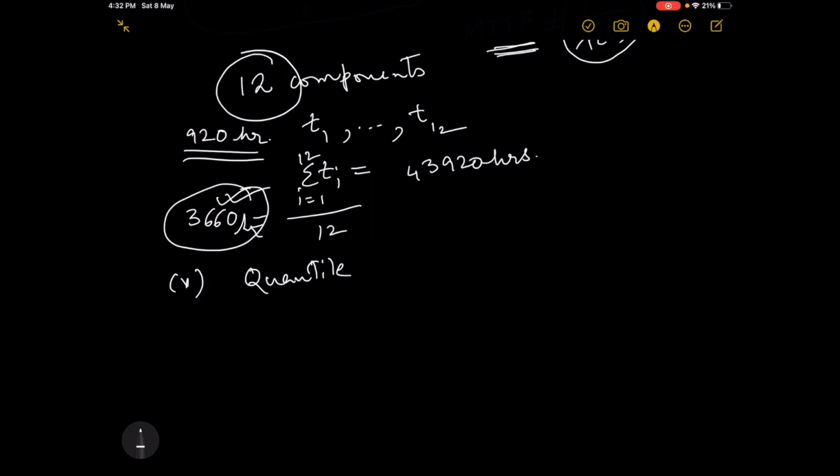So when it is used, quantile we understand by definition, quantile Q, or equivalently we can say, it is the time, quantile is that time by which a specified proportion of the population fails. Okay, I repeat, quantile is that time Q by which time a specified proportion of the population fails.